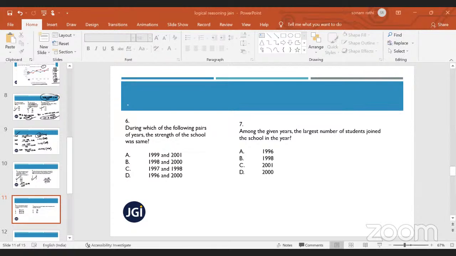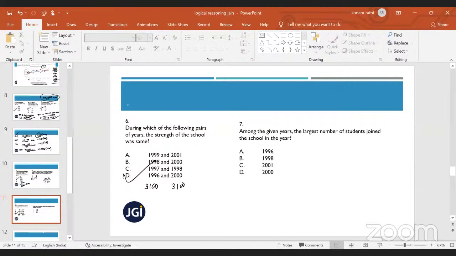Question number 6 answer is option D, because when you do calculation, it's coming out 1300 and this is also coming out 1300.